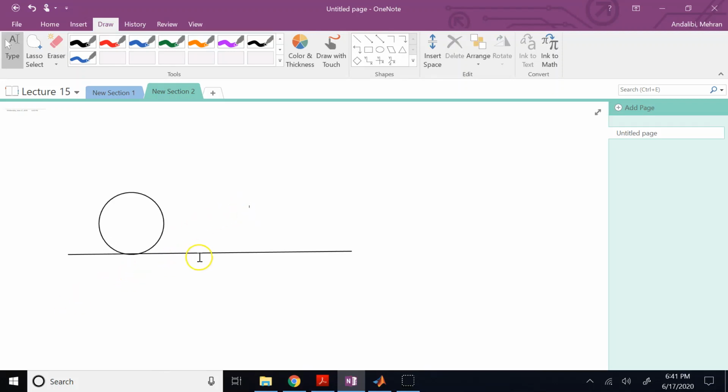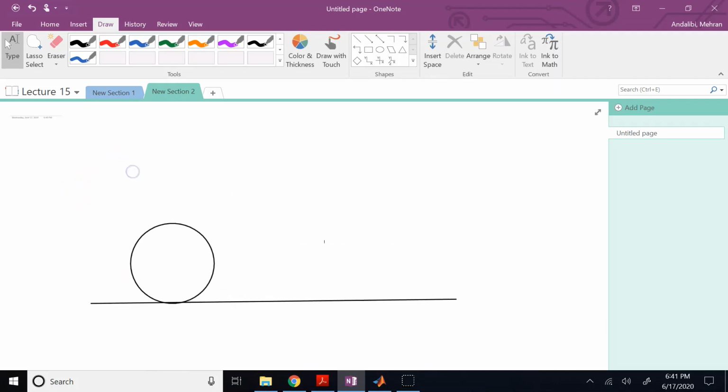So this is the problem. And here, I assume that this disk is rolling without slipping with angular velocity omega and angular acceleration alpha both counterclockwise. The radius is equal to r. I call the center point point B, and let's call this contact point point C.